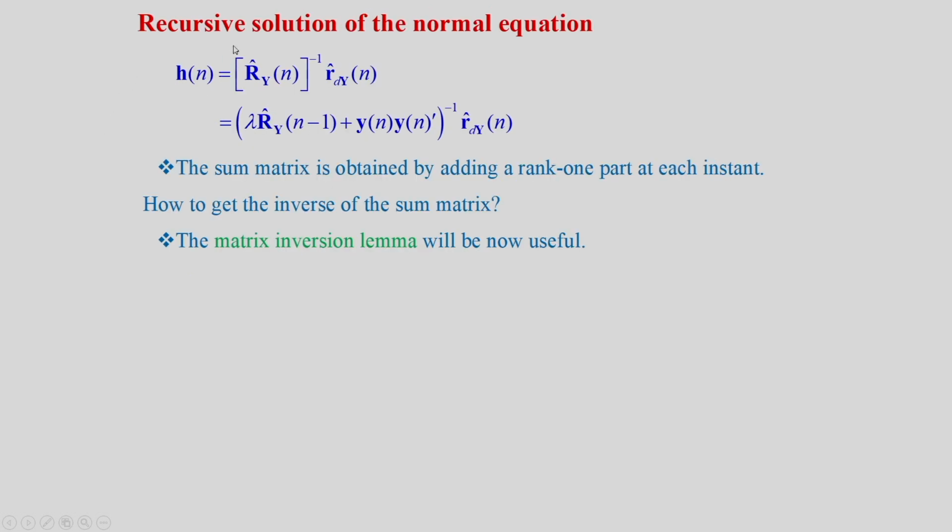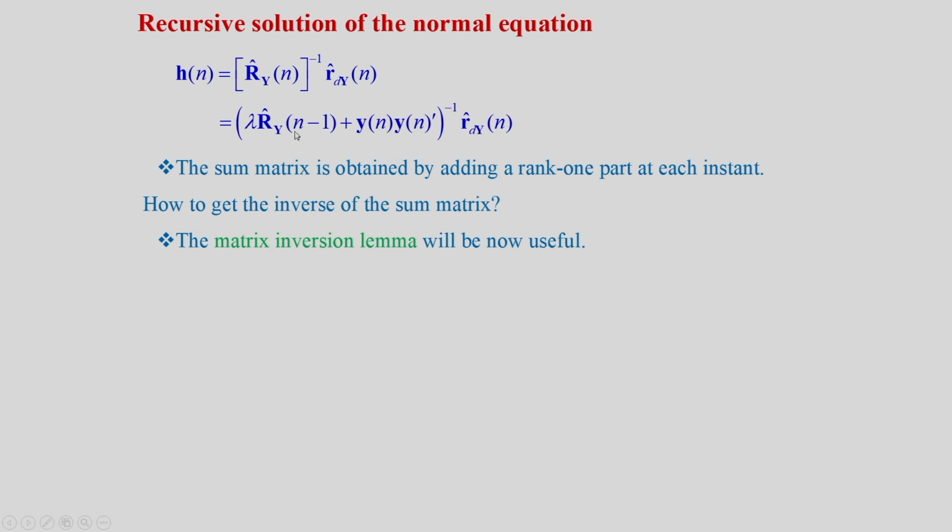Now, we will see how we can get the recursive solution of the normal equation. We have H n is equal to R y hat n inverse into r dy hat n, and because this term we can write recursively, this is lambda times R y hat n minus 1 plus y n into y n transpose, whole inverse, into r dy hat n.